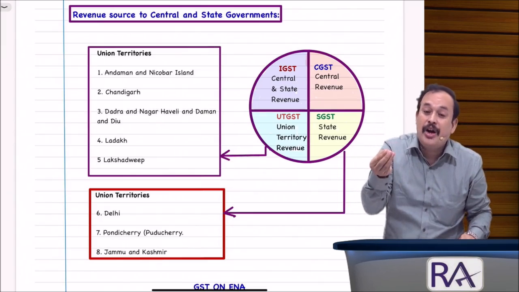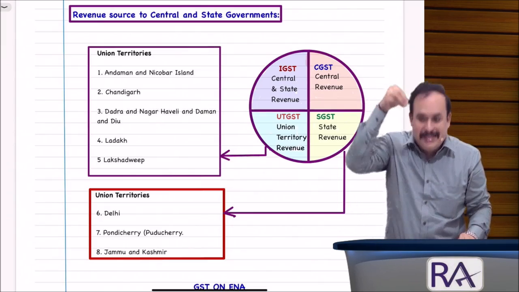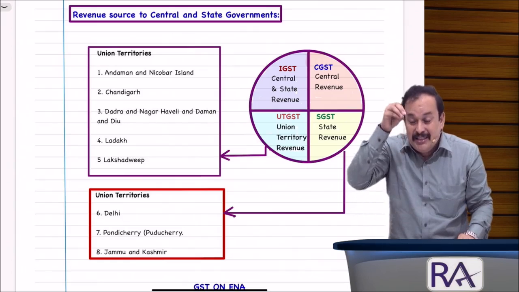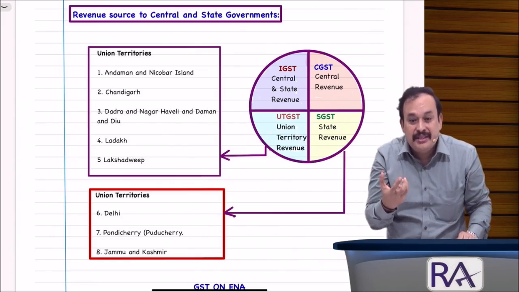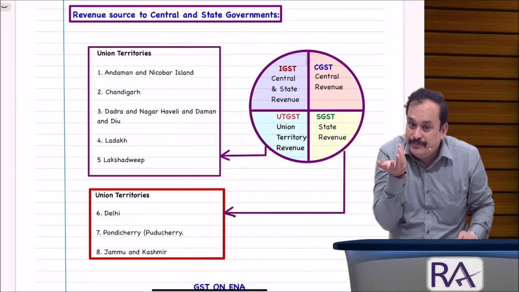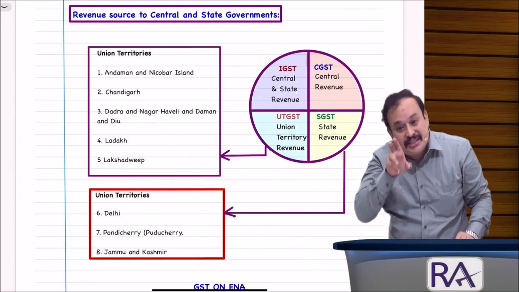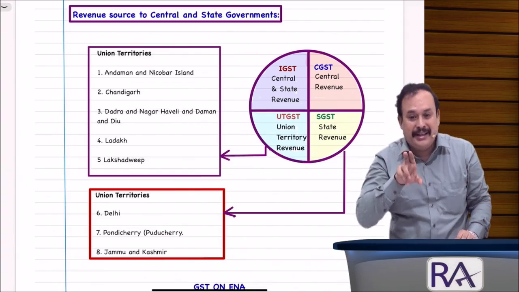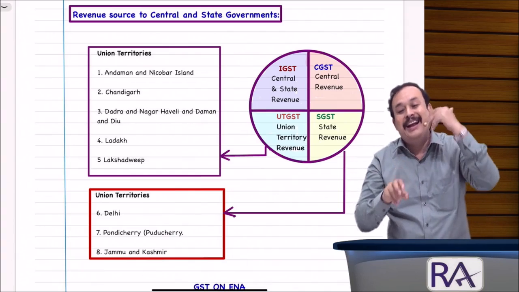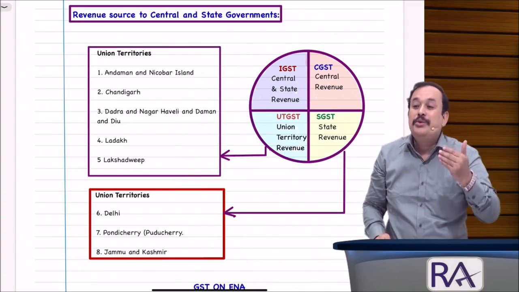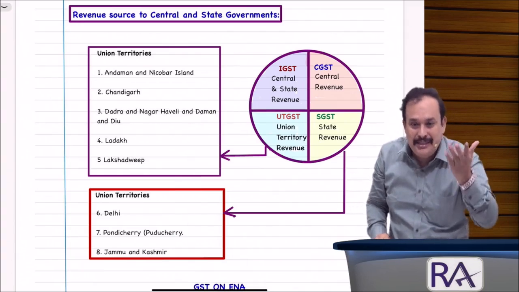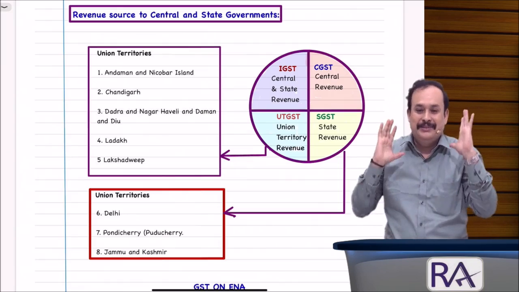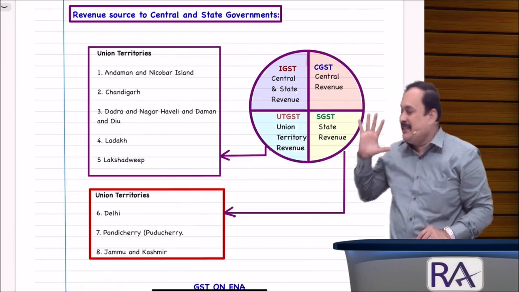In the case of a union territory that does not possess a state legislature, for that union territory the Government of India enacted the UTGST Act by passing the bill in Parliament and getting the assent of the President of India. There are 5 such territories.